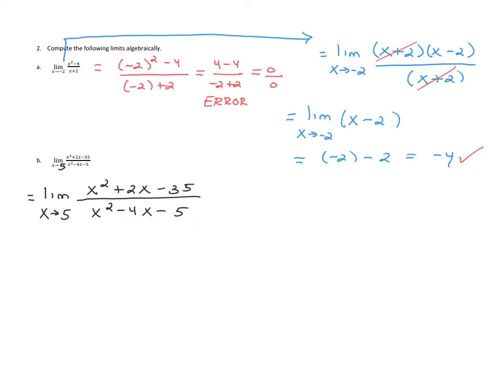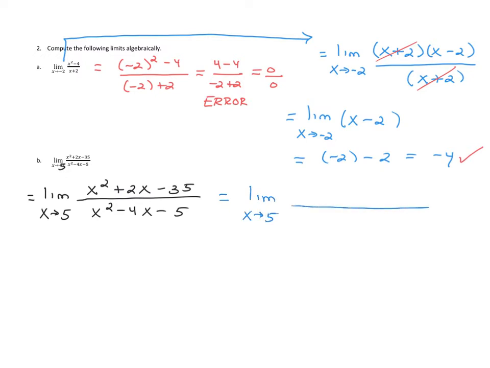So that means you'd get an error if you tried this approach. But that doesn't mean the limit doesn't exist. It may still exist. I noticed that if I put 5 into the numerator, you actually get 0 again. If you get 0 over 0, that means you can probably cancel a common factor. So I'm going to take this problem a little bit further and factor the top and the bottom. And I'm going to see if anything cancels.